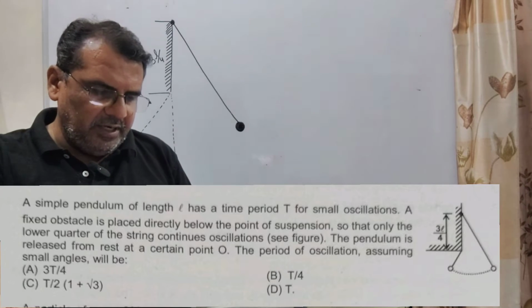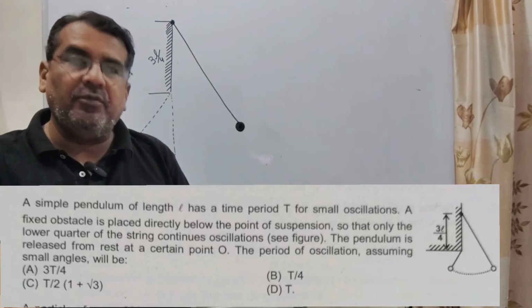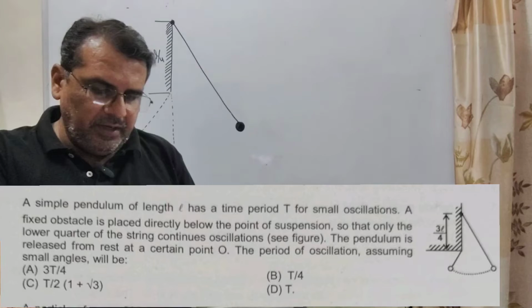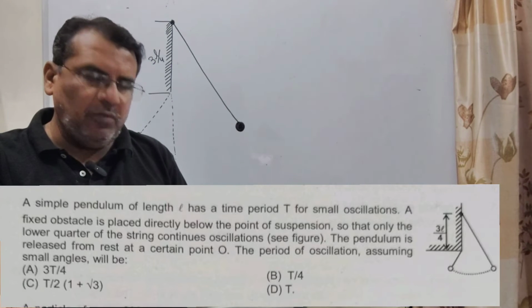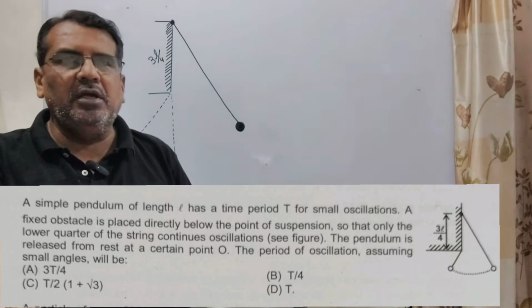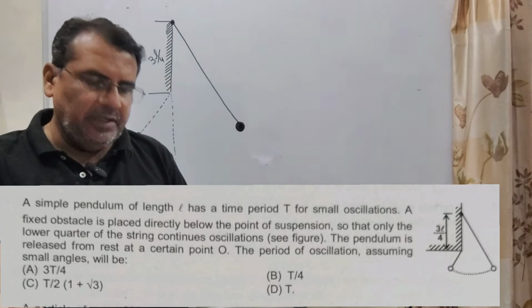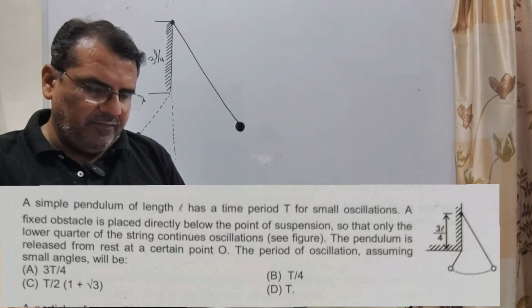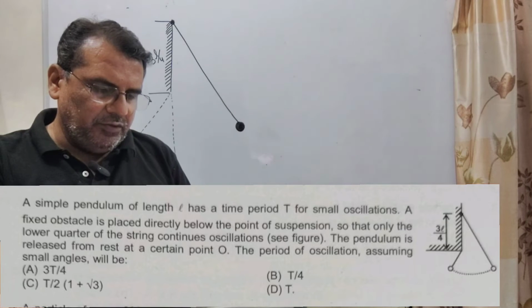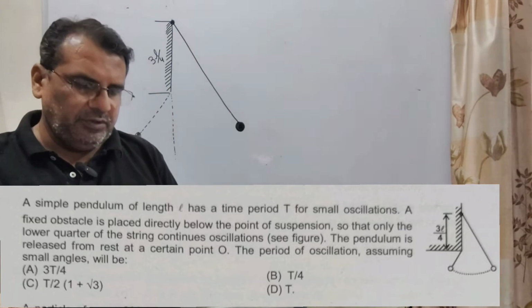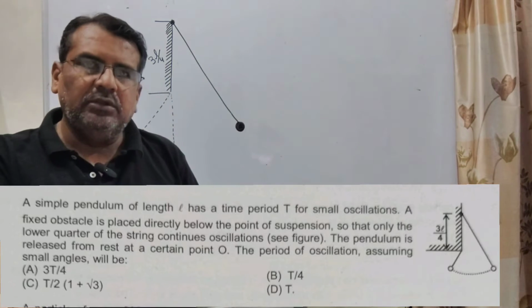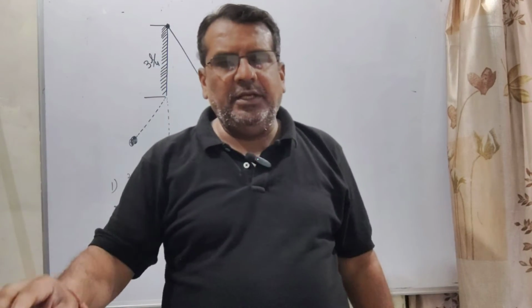The pendulum is released from rest at a certain point O. The period of oscillation, assuming small angles, will be, here we have given four options. Options are first 3T by 4, second T by 4, third T by 2 into bracket 1 plus root 3, and fourth T. Before solving the question, let's see what the question says.